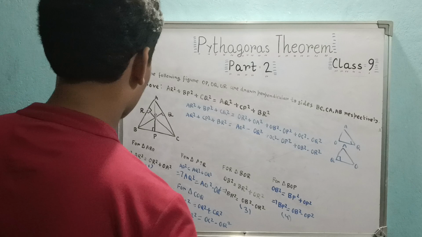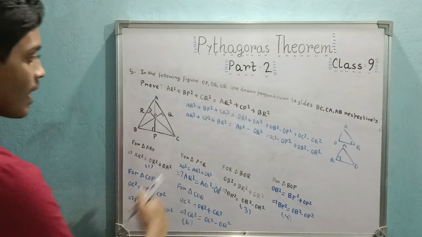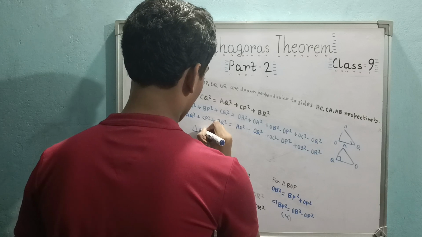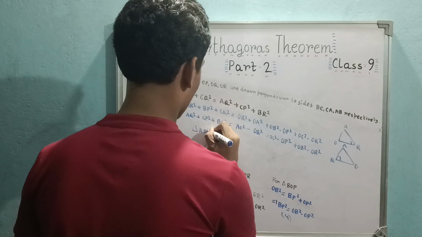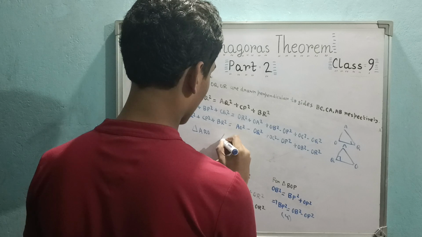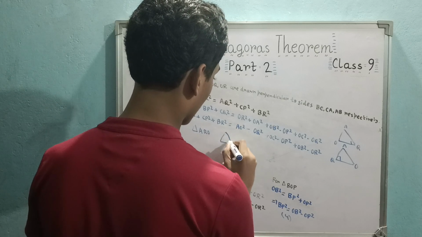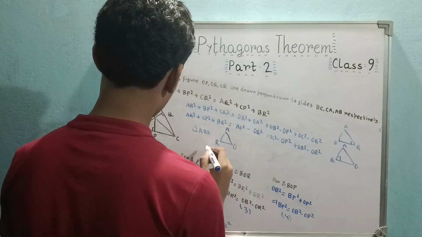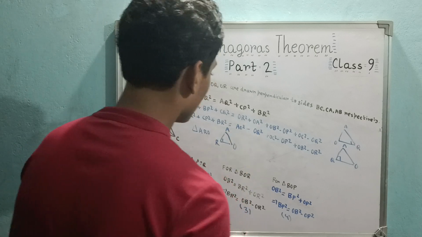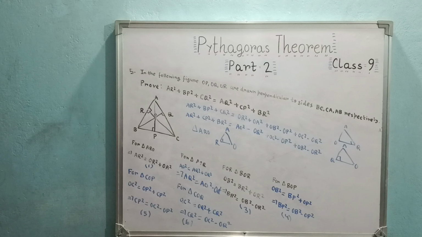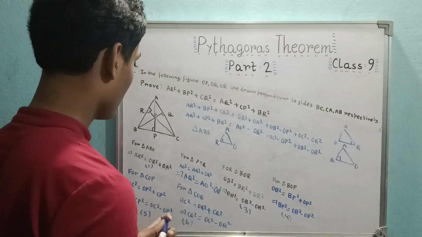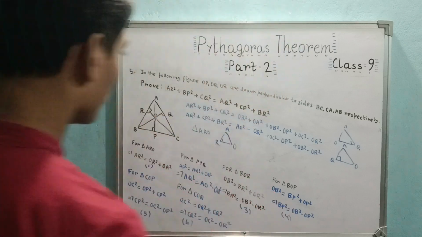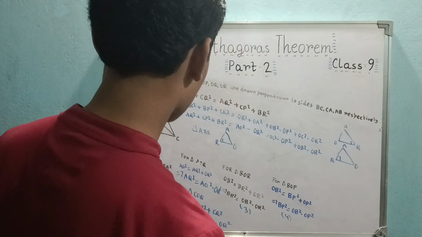So for triangle ARO, how is it given like this? This is the right angle here. So yes, AO square equals AR square plus OR square, right?